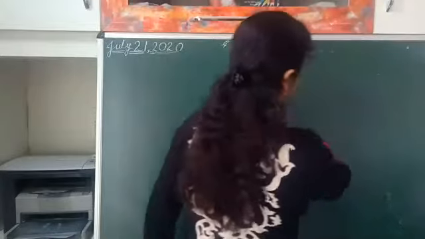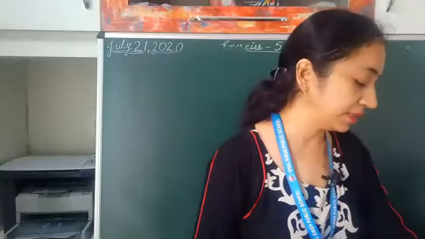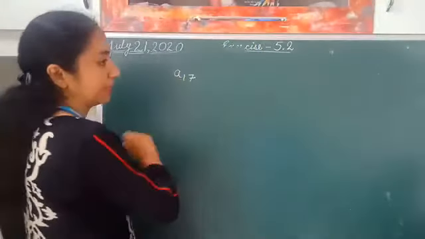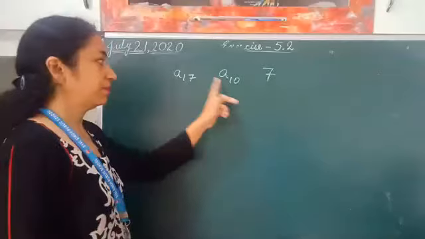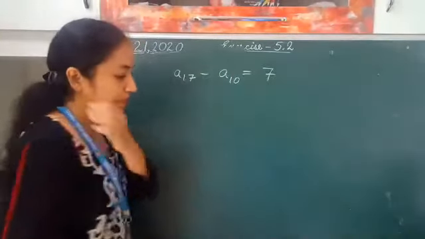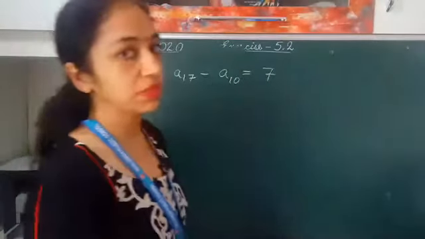Exceed मतलब ज्यादा है. 17th term exceeds the 10th term by 7, ये term इससे 7 ज्यादा है. That means we will subtract and the difference between the two terms is 7.